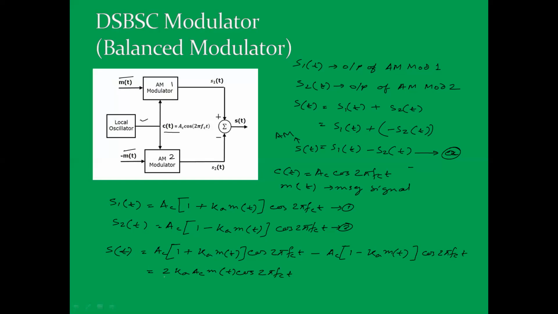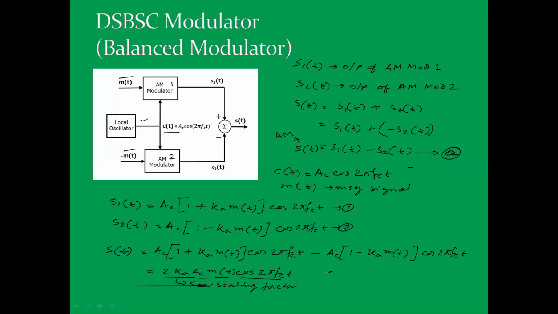You will see that this is the constant term and it is known as scaling factor. Now S of T is nothing but the product of the carrier signal, that is AC cos 2 pi FCT, multiplied with M of T and a scaling factor.